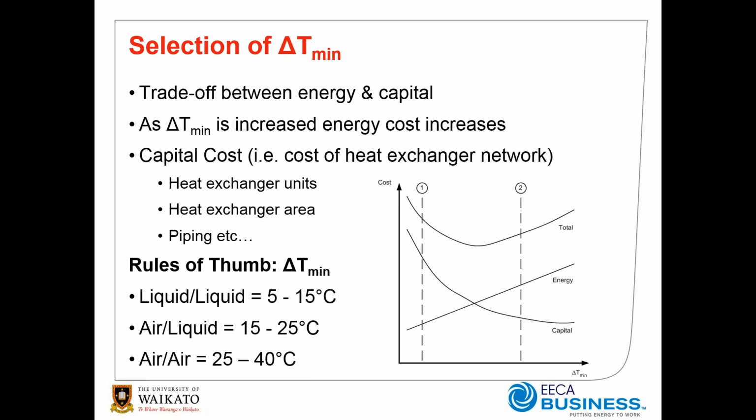It can be economic to do it at a much higher delta T min, but what the minimum point of the total cost curve tells us is the most economic point, where you maximize your economic benefits. Very rarely does it actually line up with the crossover point of energy and capital. It just depends on your process.